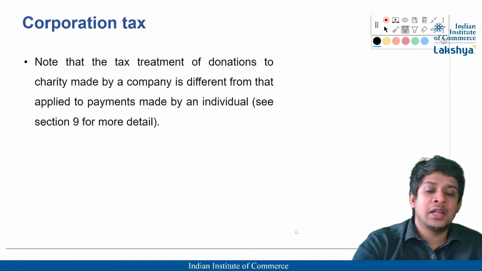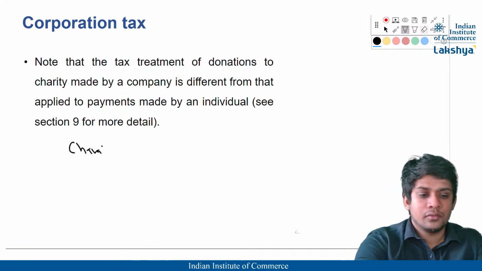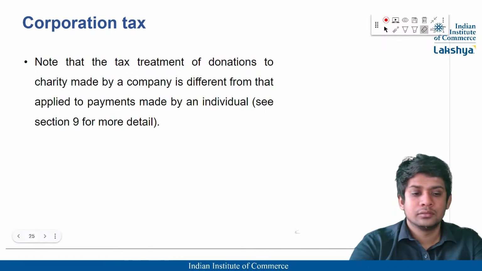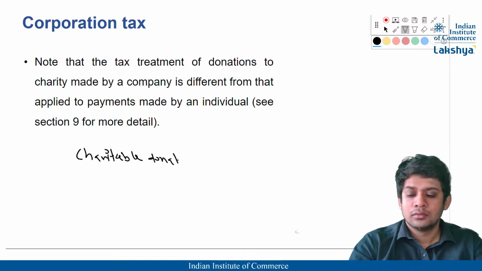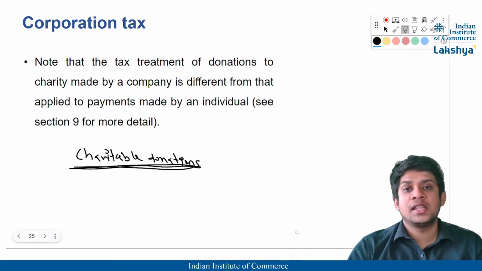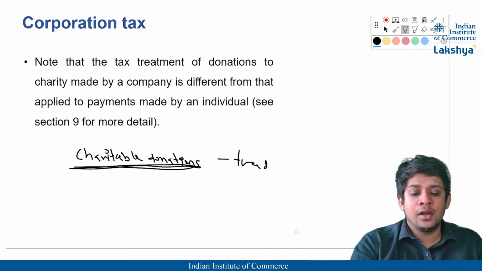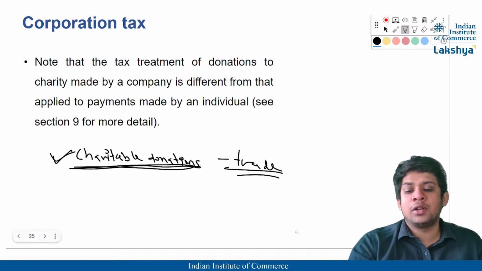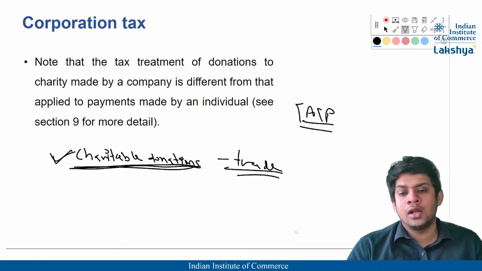The only relief that they will get if they are making charitable donations: if they are related to their trade, the expense will directly be deducted while calculating the tax adjusted trading profit, because obviously it is related to your trade, correct?